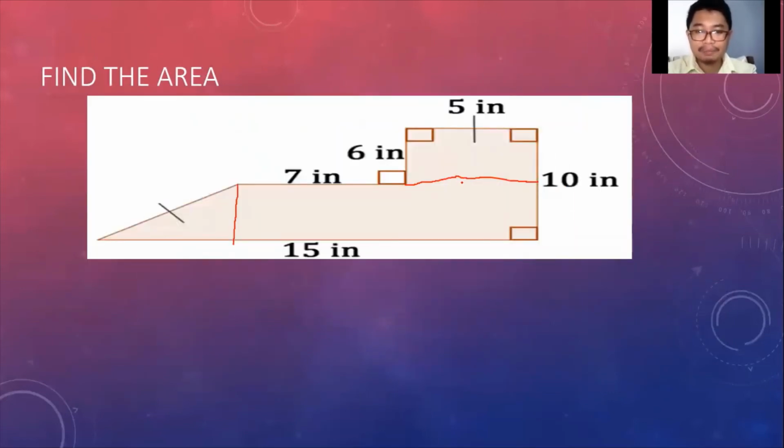So let's start. We have 3 areas here. Area number 1, area number 2, area number 3. For area number 1, let us start with this one. The length of this is 5 and the width is 6.